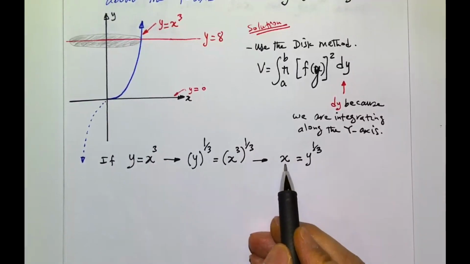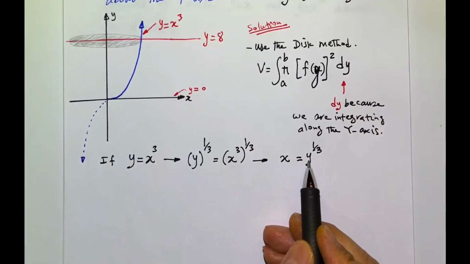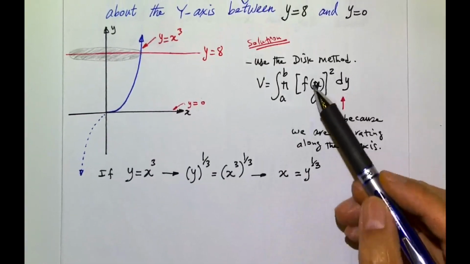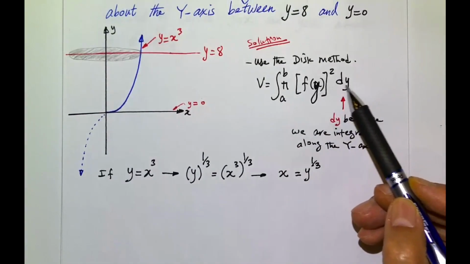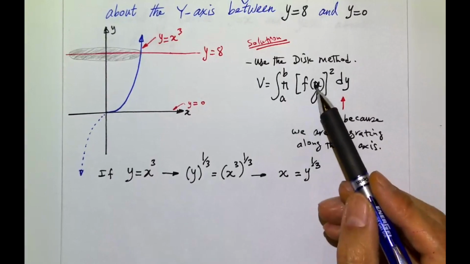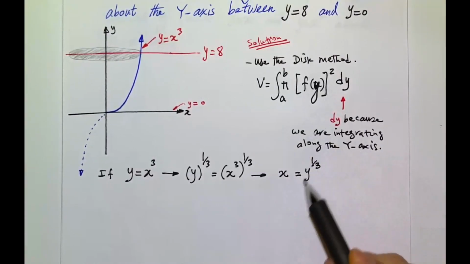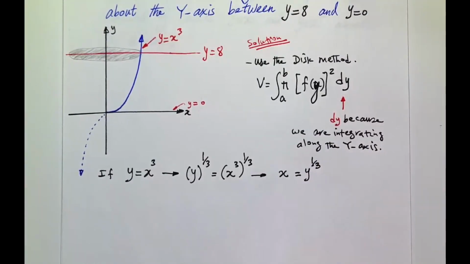So now we have x in terms of y. This is helpful when we integrate along the y-axis. So our function here, f of y, would be y to the 1/3 power.